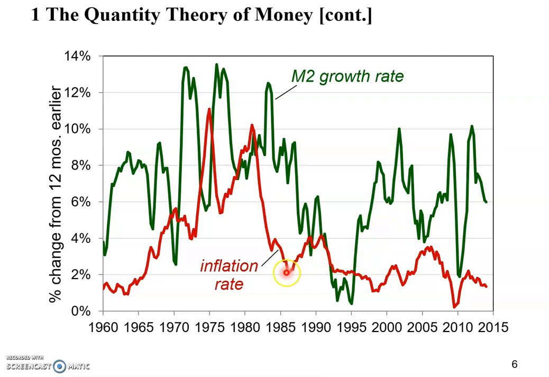In other words, when we look at the inflation rate and M2 growth rate, I believe this is monthly data. However, we believe that in the short run, there might be a lot of noises or ups and downs. If we would like to find a long-term relationship, we'd better look at this.